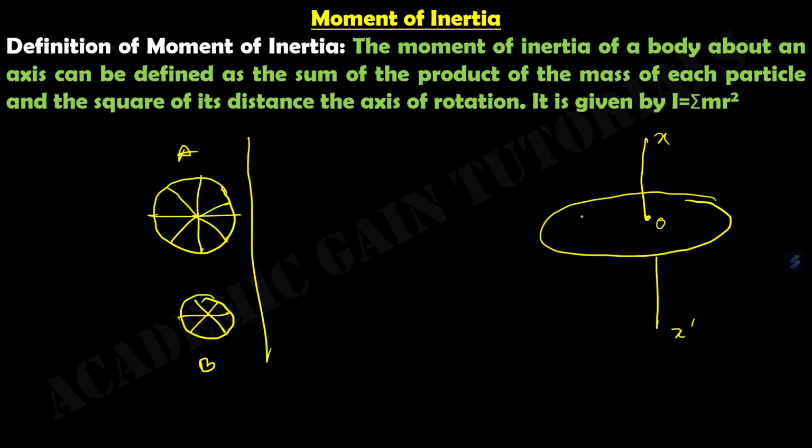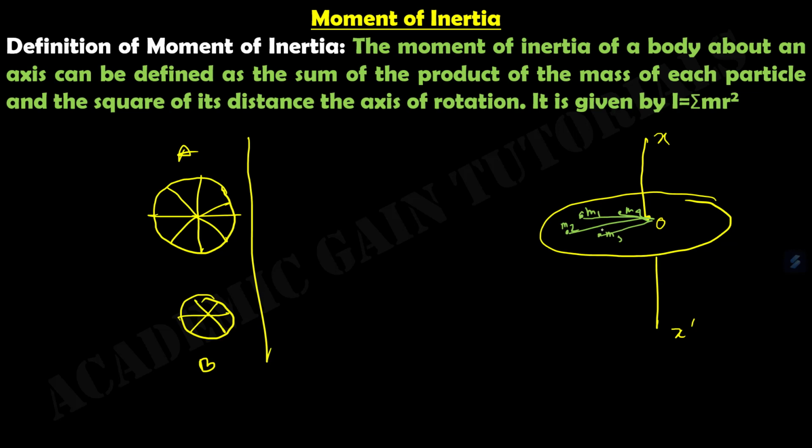It says that it is the sum of the product of the mass of each particle. So we take some particles. This is particle m1, this is m2, this is m3, this is m4, and the distance of each particle from the axis of rotation is this, this, this, this. So this is the distance of each particle to this rotation axis x to x prime.